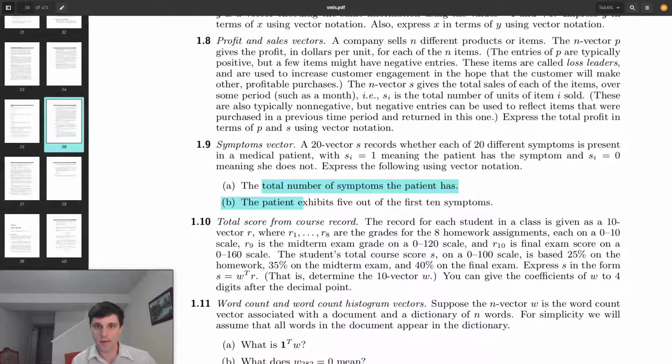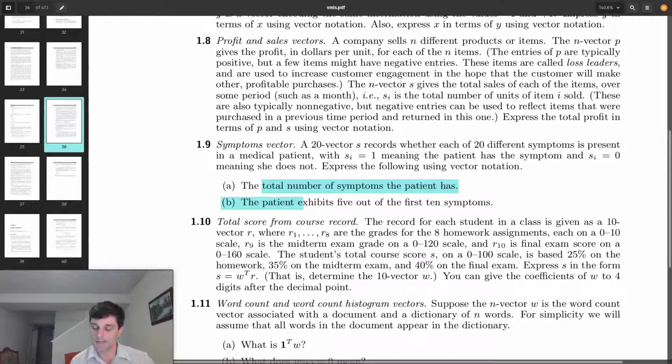Okay, and then problem B. This is the one that is asking us to do the patient exhibits 5 out of the first 10 symptoms. Okay, so the first 10 symptoms. This is where I need to do some sort of subsequence, right?